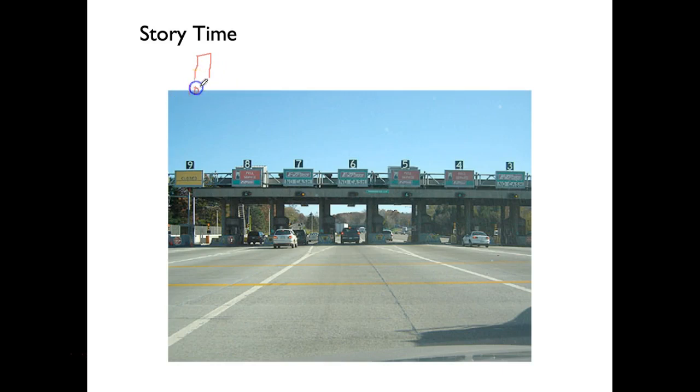So let's say I drove my car through this doorway at 10 a.m. Okay, and let's say the next doorway is 100 miles away. I went into this one at 10 a.m. Let's say I go out this one at 11 a.m. They're 100 miles apart.